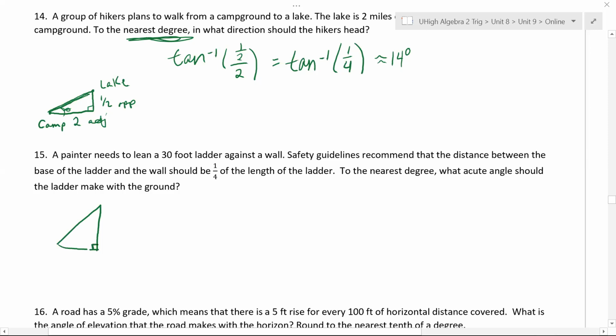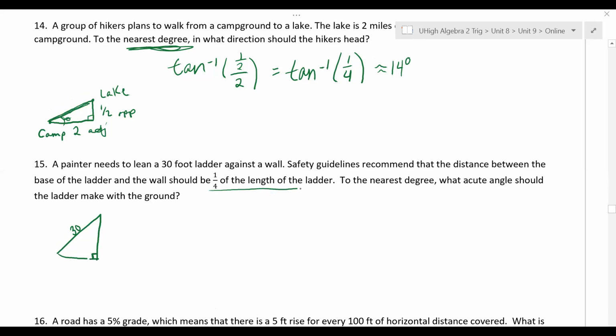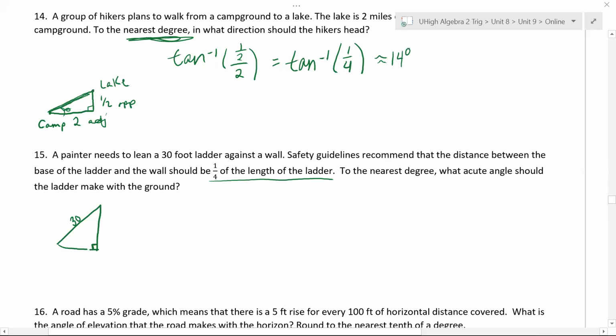I have a right angle between the wall and the ground, and I know my ladder is 30 feet. The distance from the base of the ladder to the wall should be 1/4 the length of the ladder. So 1/4 of 30 is 7.5, which means the base should be 7.5 feet from the wall.